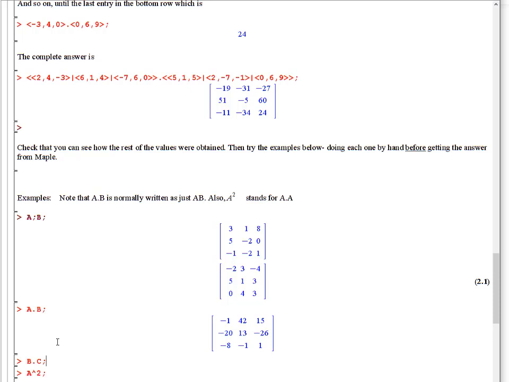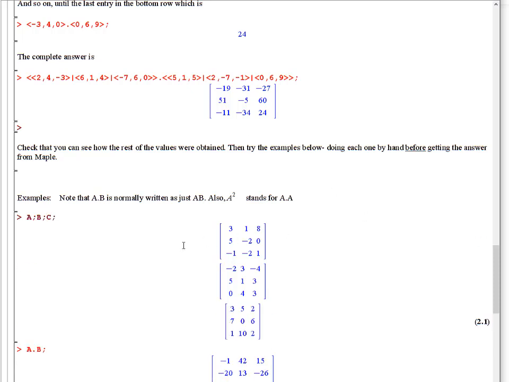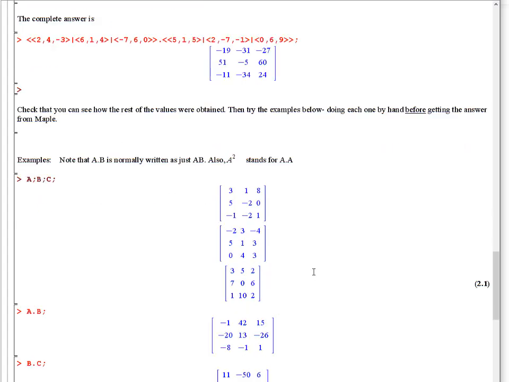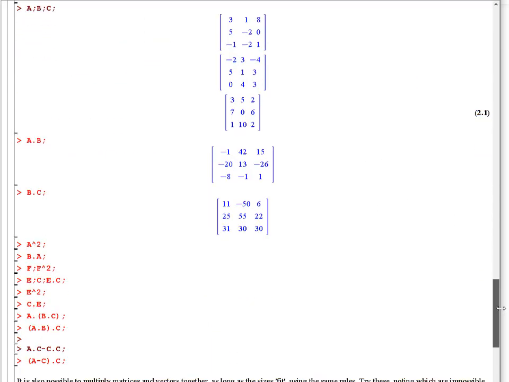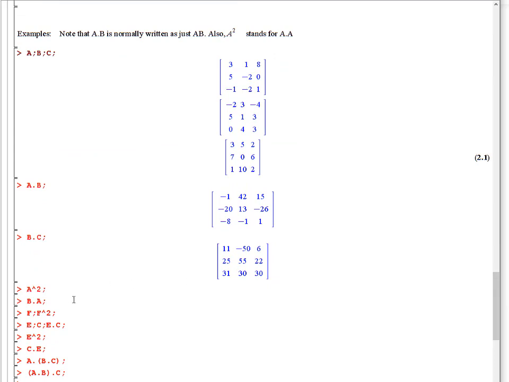B dot C would just be written as BC. I really should have made it state C again there, so you have to reference what C is. It's AB and there's BC. This would just appear as A squared, so it's A times A would give you that.